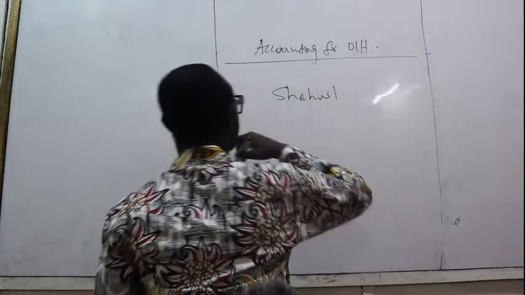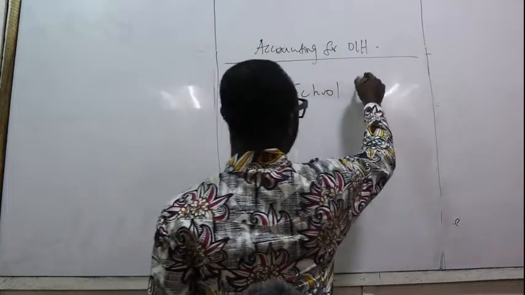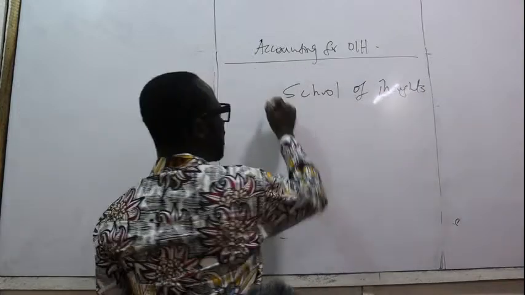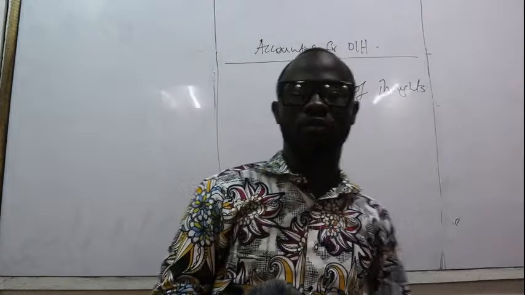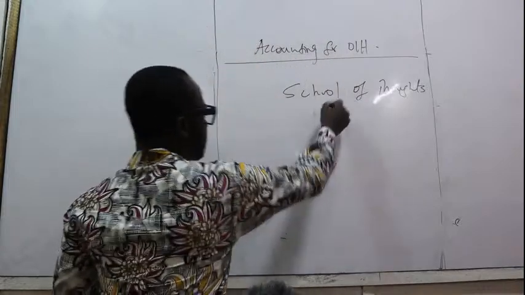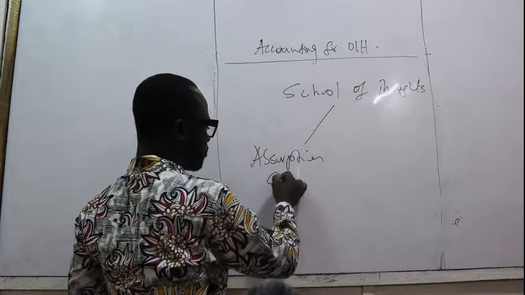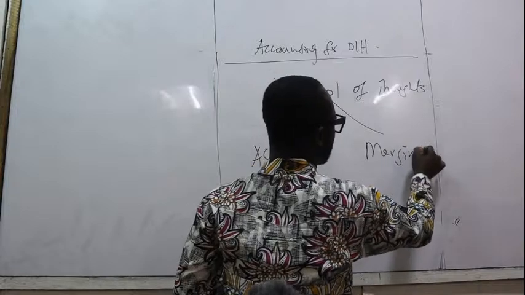So there are two schools of thought that we need to understand when it comes to accounting for overheads, or treatment of overheads. There is what is called the absorption costing school of thought, and then the marginal costing school of thought.